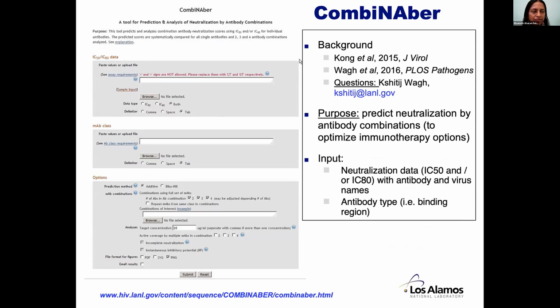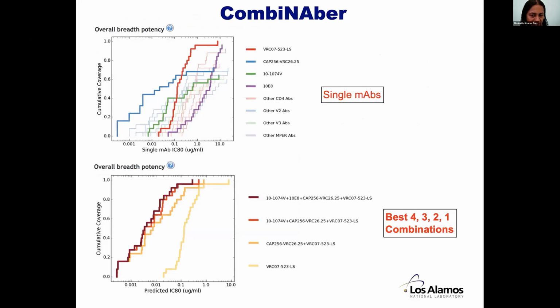And if you decide to do that, here's a way where you can theoretically see and predict what your neutralization may be, depending on the information that we have in the database or that you put in. So here would be a result where this would give you the potency, and this would give you breadth, the coverage of how many viruses, depending on which viruses you picked, would be covered by the antibody and would be able to be neutralized.